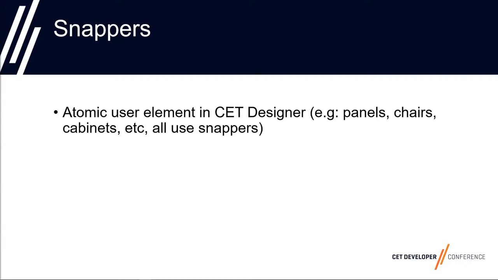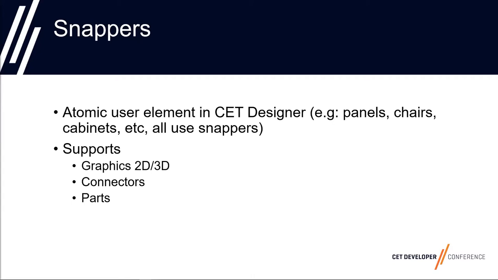Snappers have graphics, they have connectors, and in fact, out of the objects we're talking about today, they're the only type that can have connectors. Other types can simulate connectors, but only snappers can really own them. And they also have parts. While some of the other objects we're talking about today can have parts, parts are also supported for snappers.